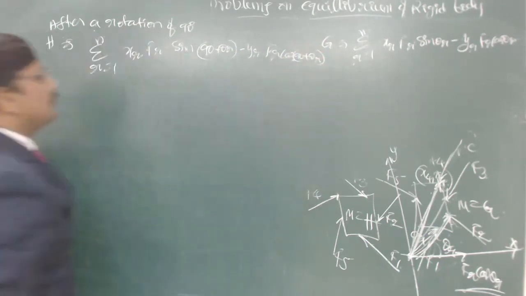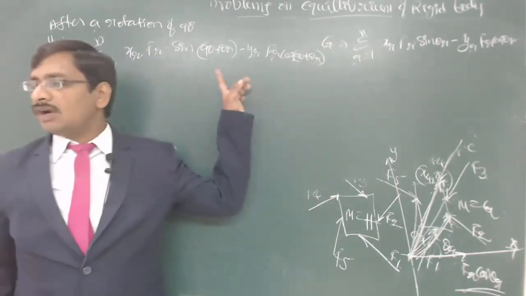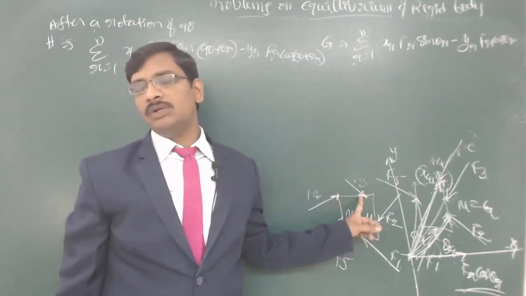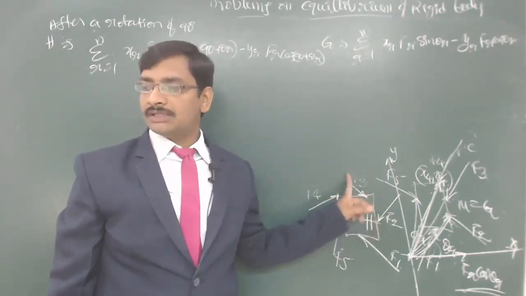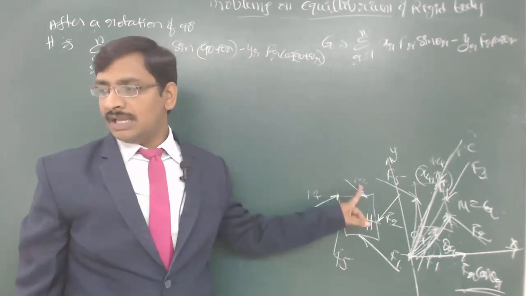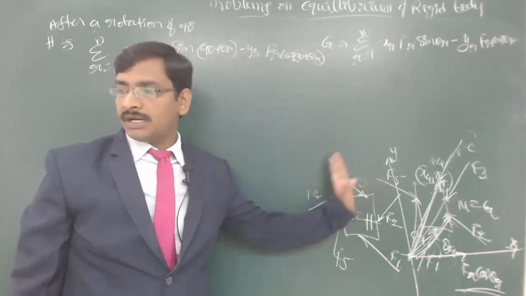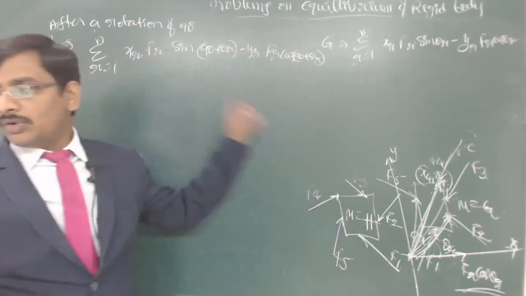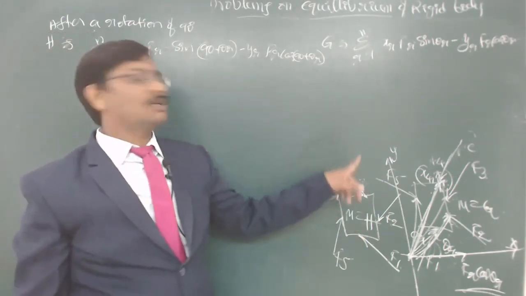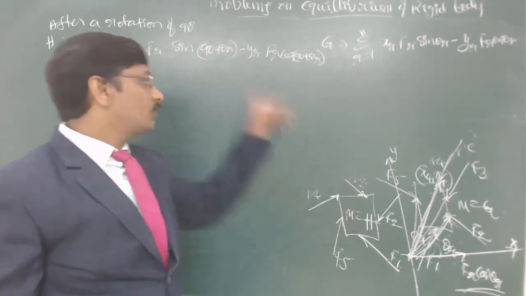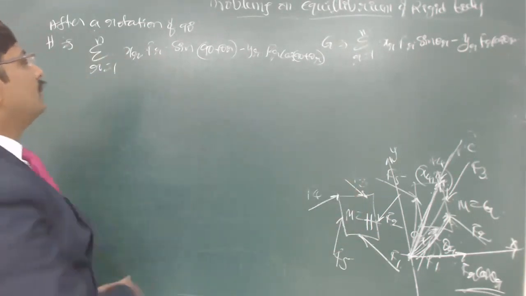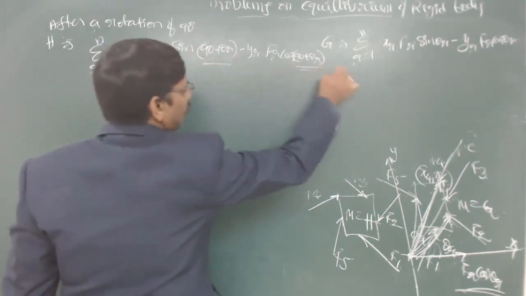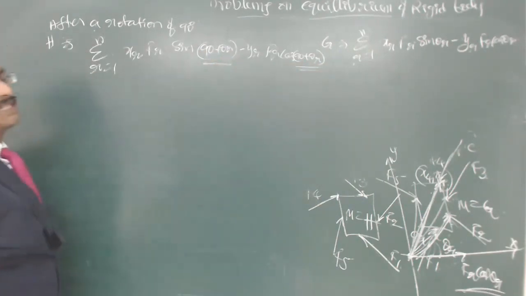So here if you notice, xr and yr will not make any change because the point of application of the force has no change, but the orientation of the force is changed. That means exactly at the same point but rotated by an angle of 90 degrees and then acting on it. Hence the location of the point of application is not making any difference, only the orientation changes. Hence fr sin theta r and cos theta r change to 90 plus theta r.